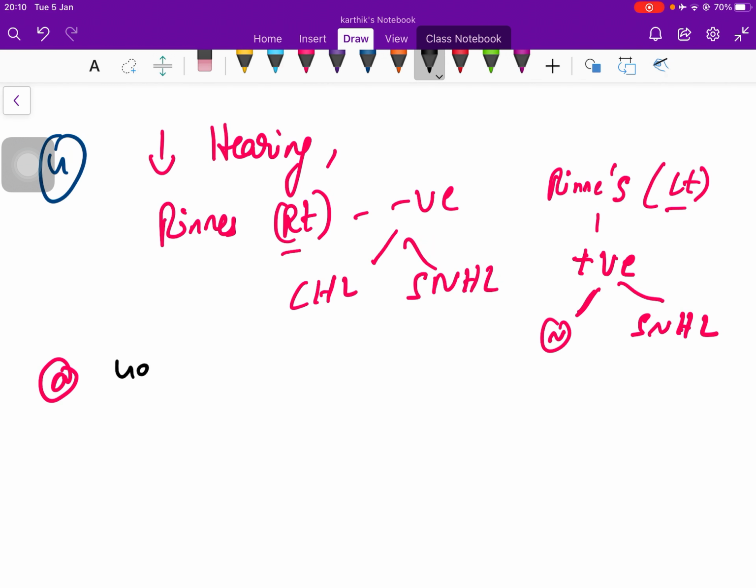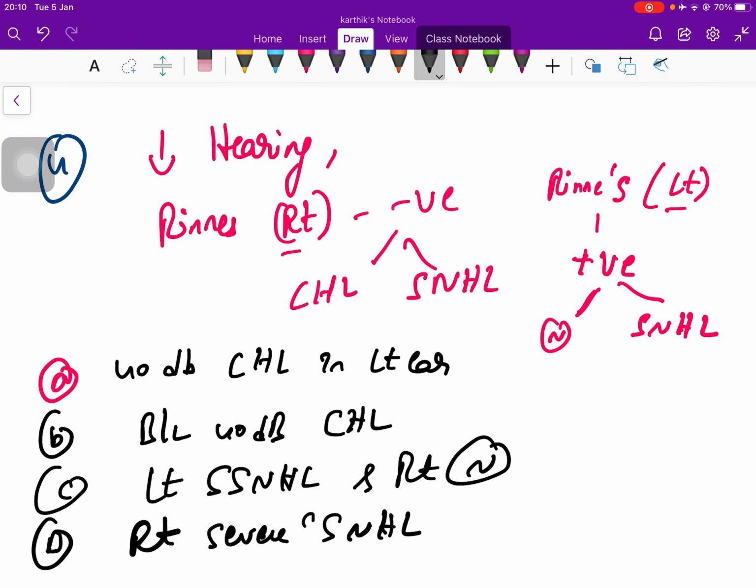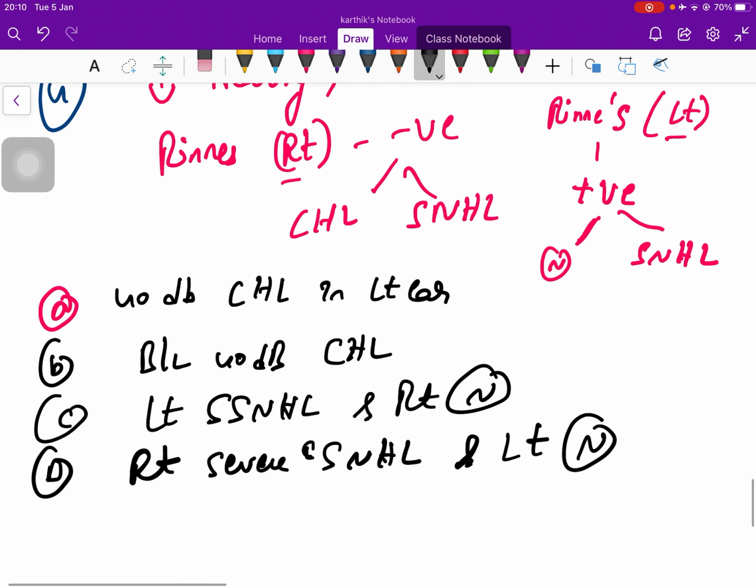And the options given were: 40 decibel conductive hearing loss in left ear; bilateral 40 decibel conductive hearing loss; left sensory neural hearing loss and right is normal; fourth option is right severe sensory neural hearing loss and left given was normal.